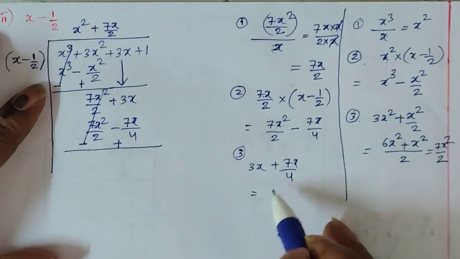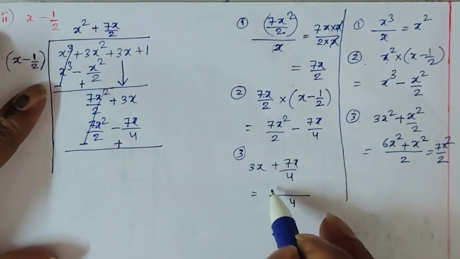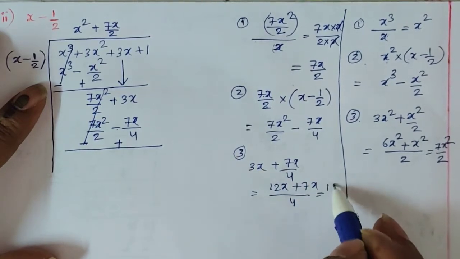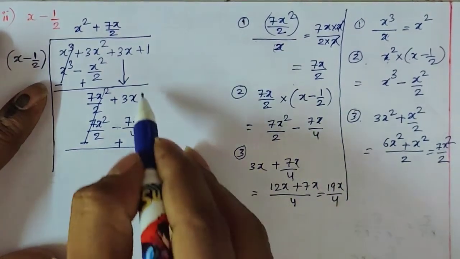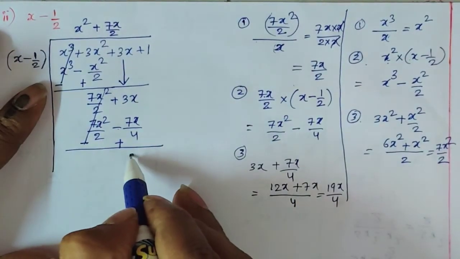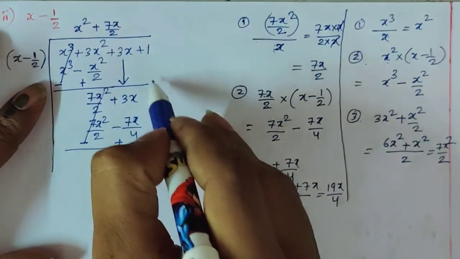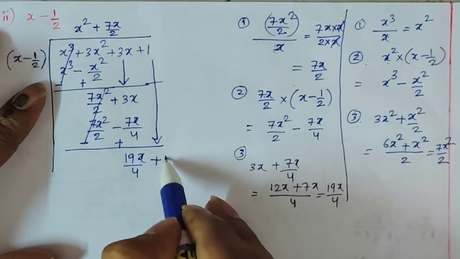So now LCM is 4. 4 into 3x is 12x plus 7x, so that will become 19x by 4. This total part gives you 19x by 4. Now bring this one down here, plus 1.